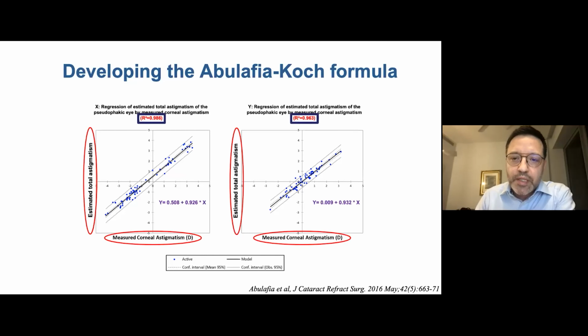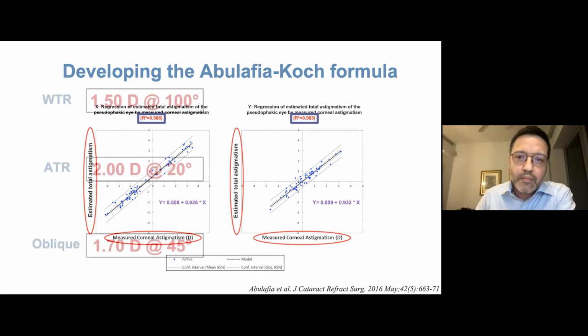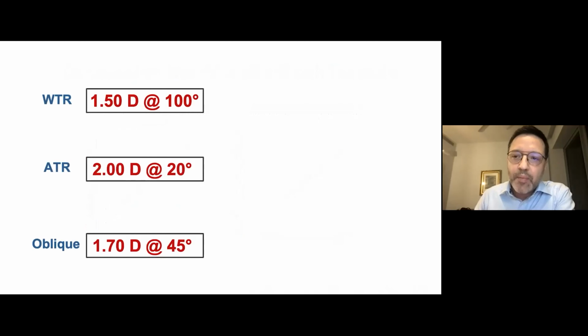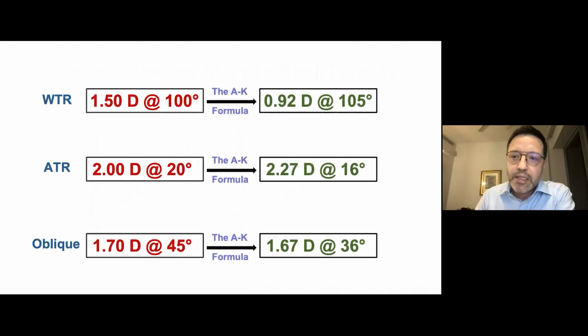And as you can notice, the correlations for these two components were extremely high. And here you can see three examples for the preoperative anterior corneal astigmatism and the estimated astigmatism that should be corrected for each eye by the Abulafia-Koch formula. Now, as you can notice, both the magnitude and the meridian values are adjusted by the formula.